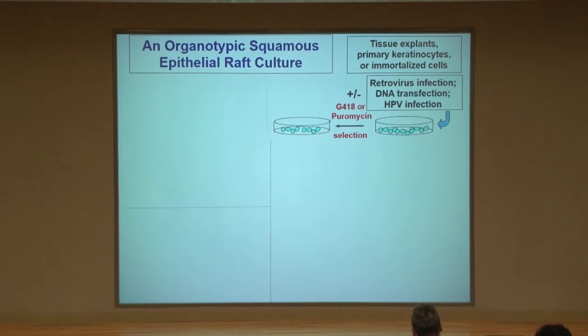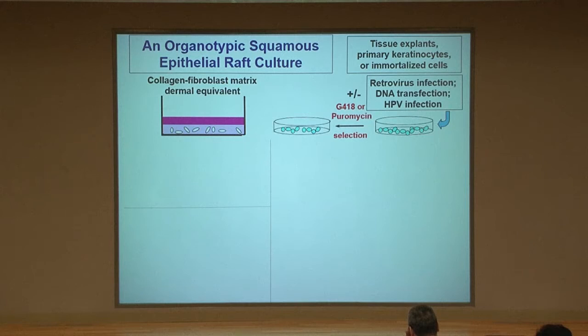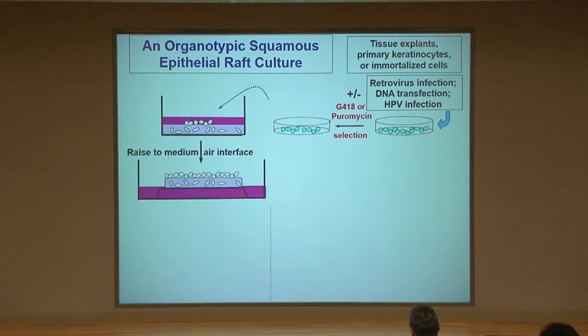And in the meantime, we make a dermal equivalent, which is collagen with embedded fibroblasts. That is like the dermis layer in our skin. Then we put the keratinocytes on top, grow them for a couple of days, and then once they've reached confluence, we raise the entire assembly to a platform, onto a raft.